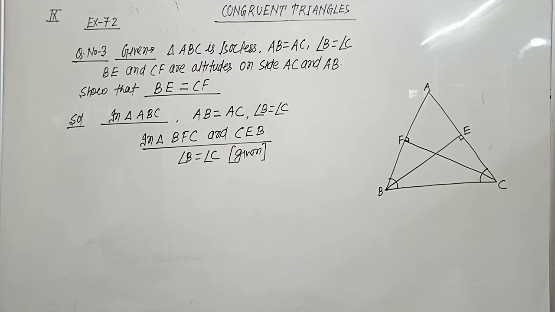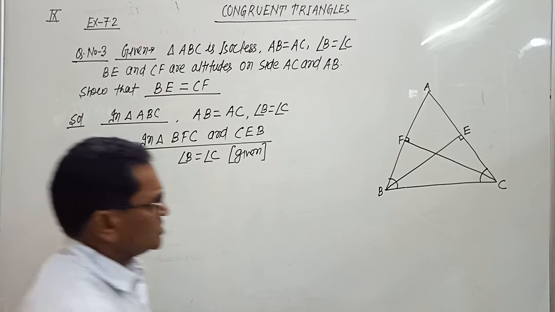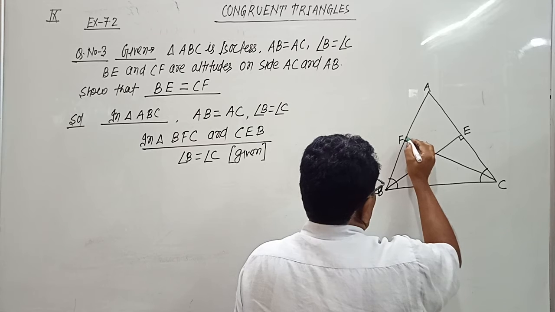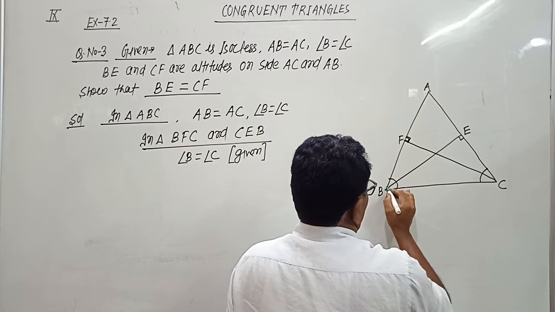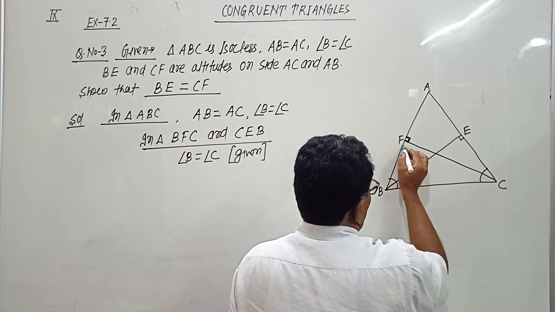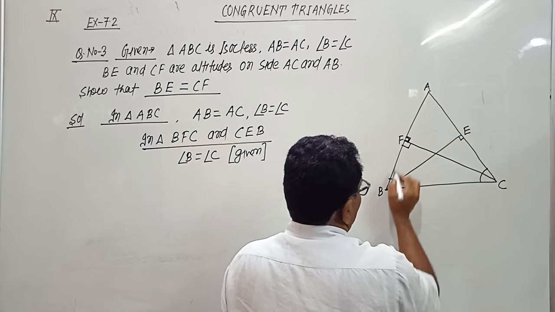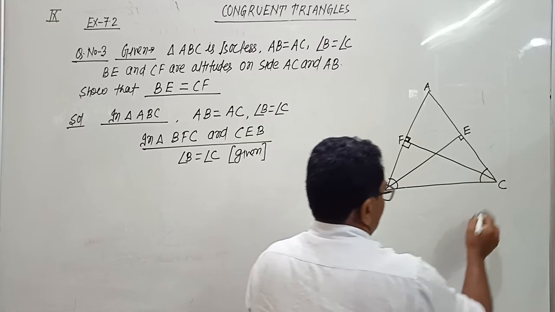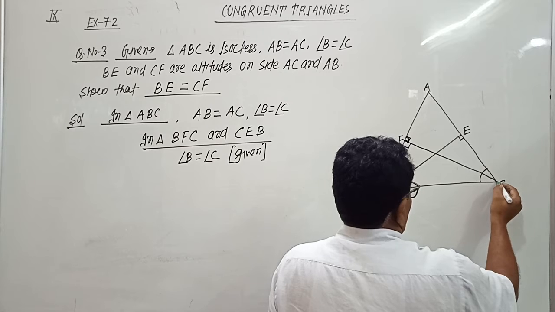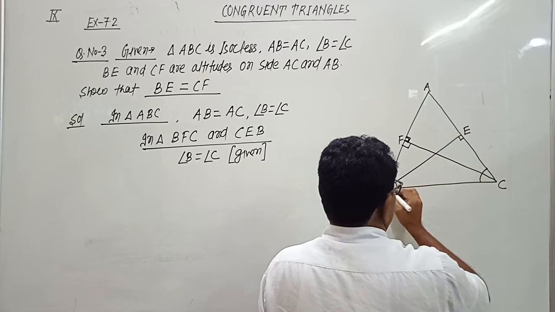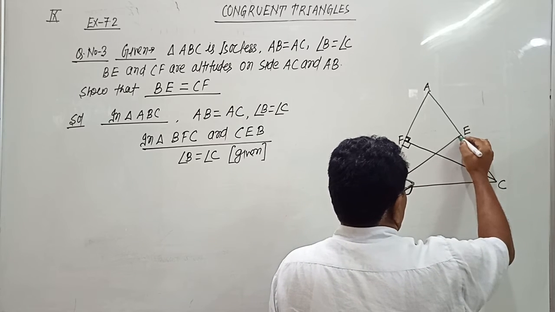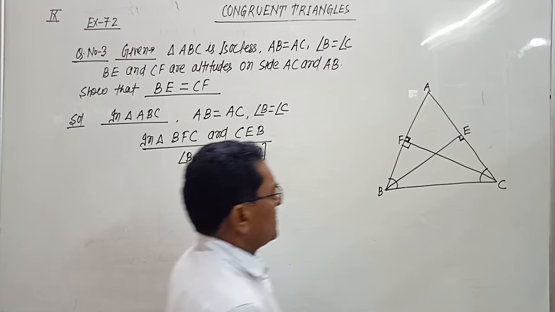Side BC is common for both the triangles, and if this angle is 90 degrees, then in triangle BFC, angle BFC is also 90 degrees, and in triangle CEB, angle CEB is 90 degrees.